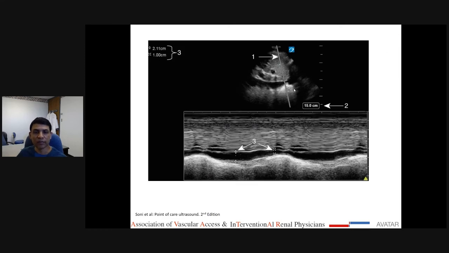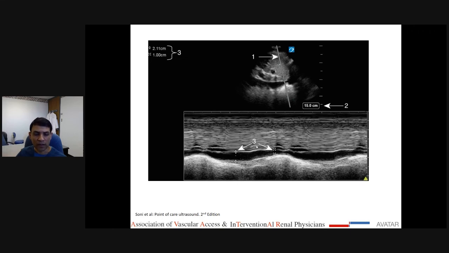So here is an example of M mode. What you see here, where my cursor is, is the liver, and below that is the IVC. The number 1 indicates the plane at which the M mode is being used to visualize the liver and the IVC. Below that is the graphical representation of movement.